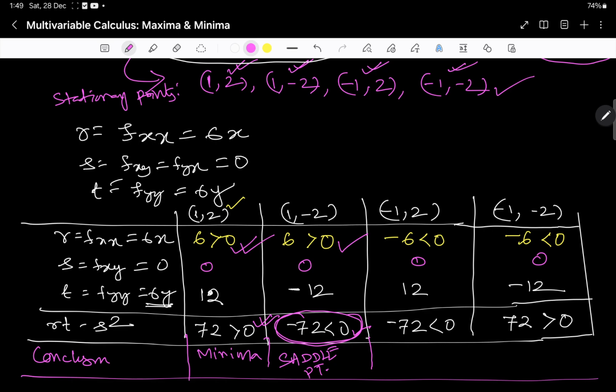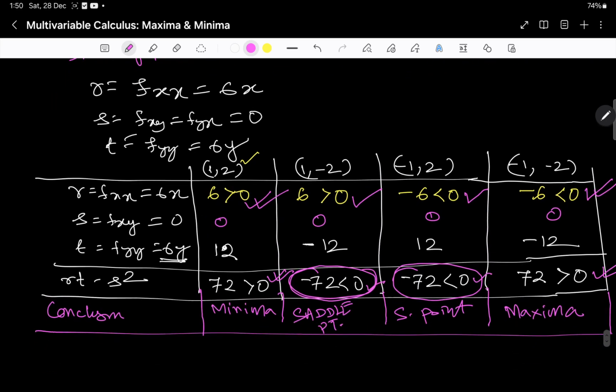Then you see, it is negative and negative. We don't bother. If rt minus s square is negative, then it is also a saddle point. Then you see, this is negative and positive, right? Negative r and positive rt minus s square will lead to your maxima, right?